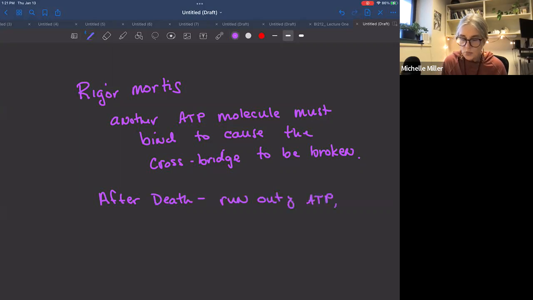And so the muscles will stay in a contracted form, until again, we have decomposition, which eventually will cause the cells to rupture and everything to disintegrate and be recycled by the decomposers in our environment.